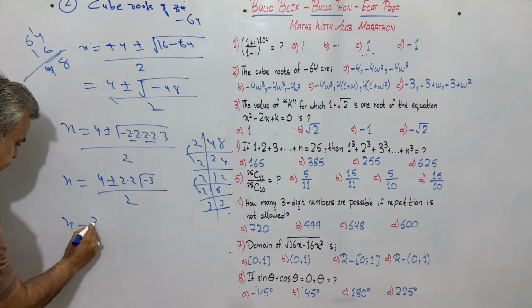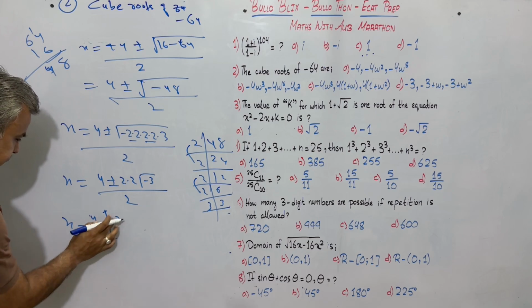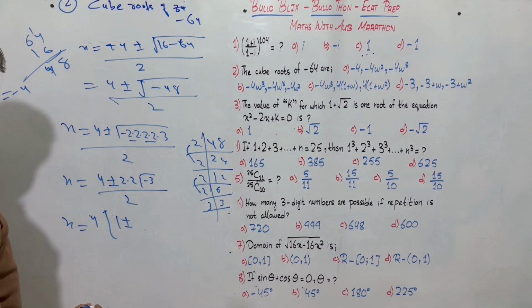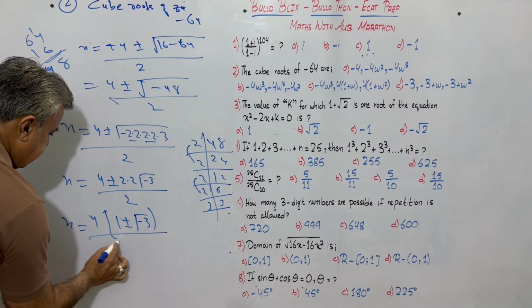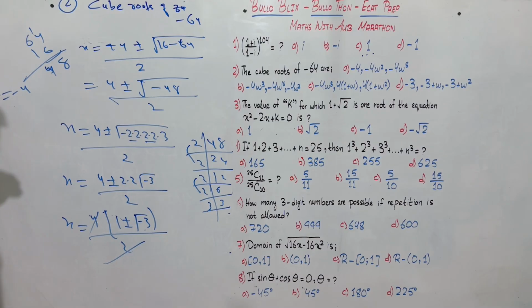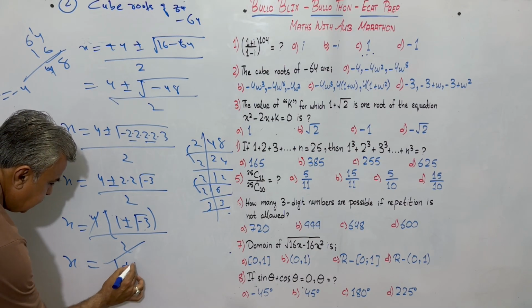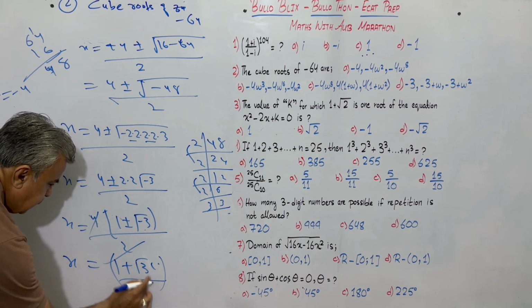Taking 2 common from the numerator and 4 common from the denominator, it will become 1 plus or minus the square root of negative 3 divided by 2. Cancelled out, we have x is equal to 1 plus root 3 iota, and it is 2 times.